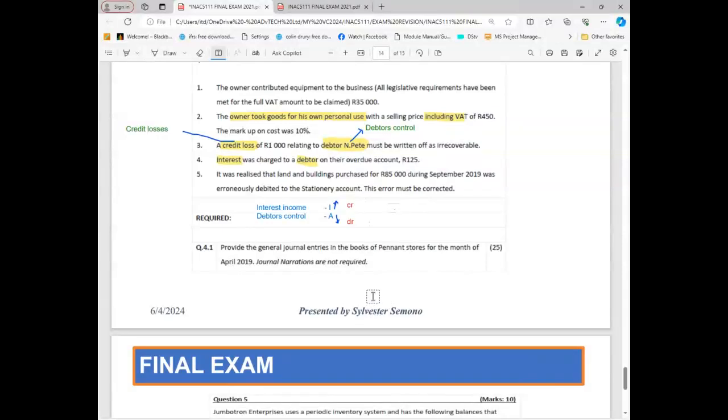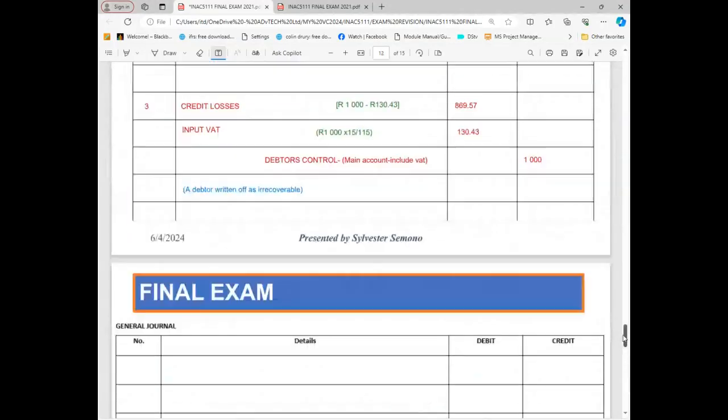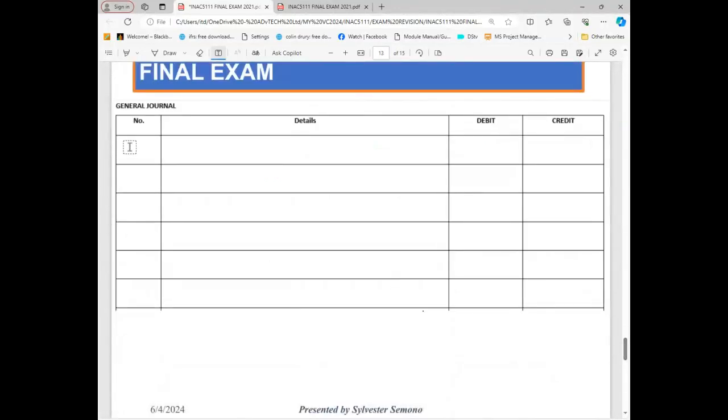Can you see now? So you need to know how to deal with this. Now the one that is debited you must always start with. So when I go and record, I'm gonna start with debtors control, because debtors control has been debited. I'm gonna go to the debtors control. It's number 4, if I'm not mistaken. Come here, number 4, debtors control has been debited.